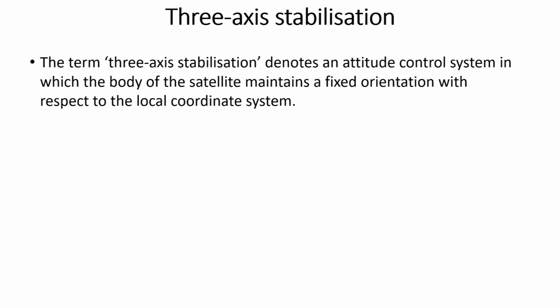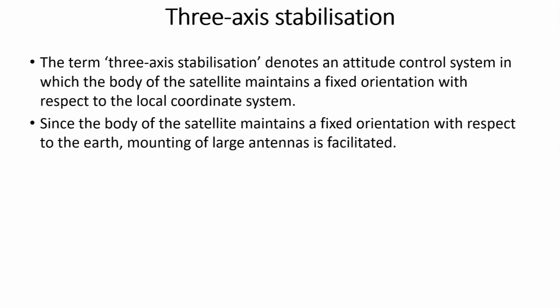Now, I will quickly mention 3-axis stabilization. The term 3-axis stabilization denotes an attitude control system in which the body of the satellite maintains a fixed orientation with respect to the local coordinate system.